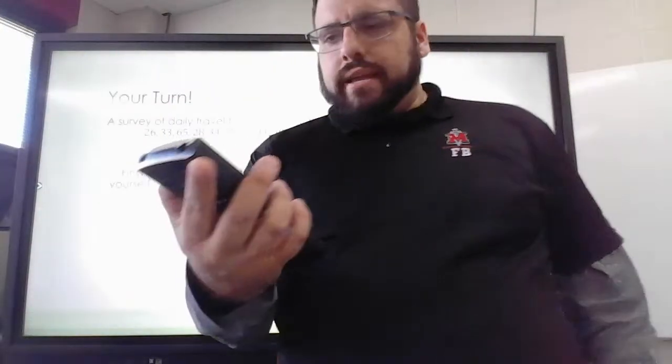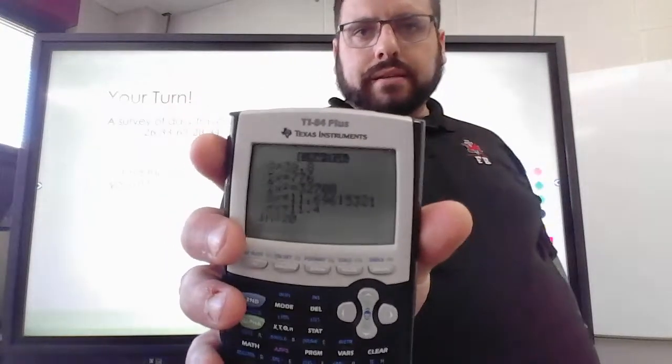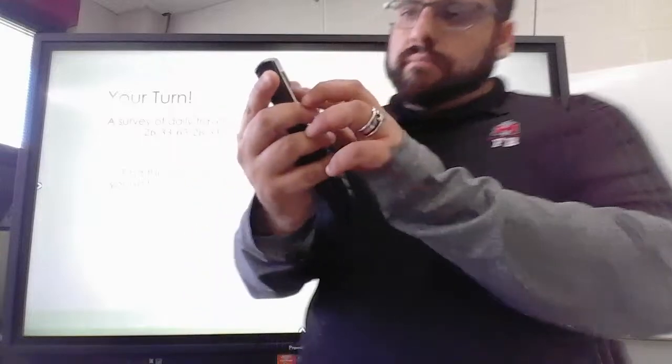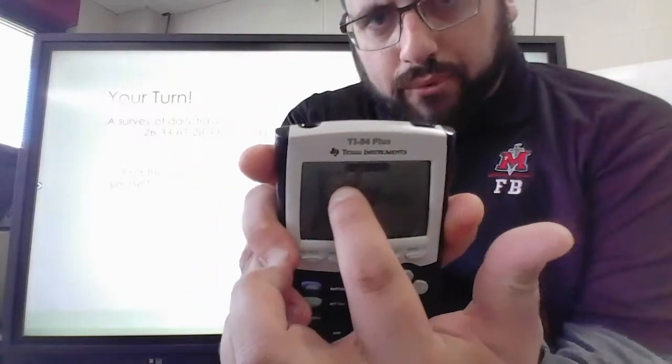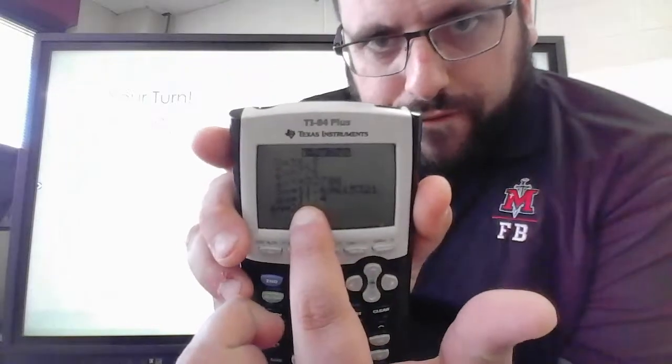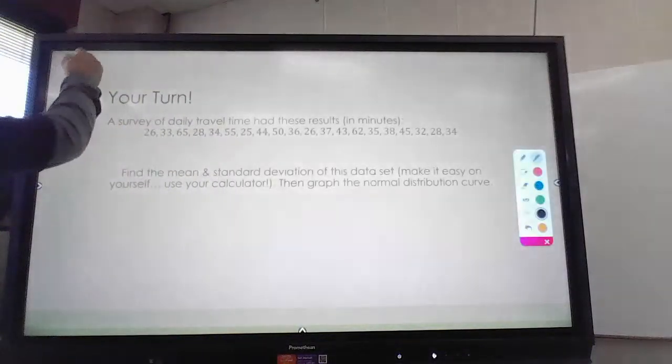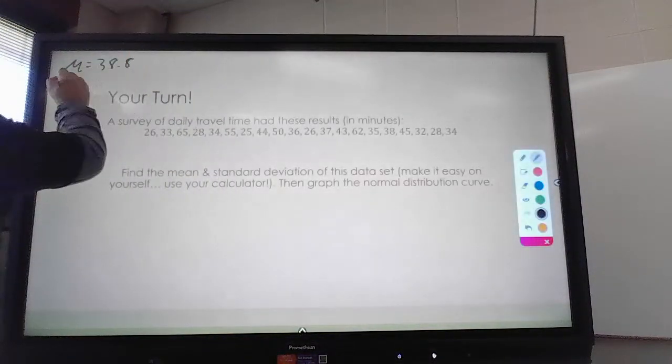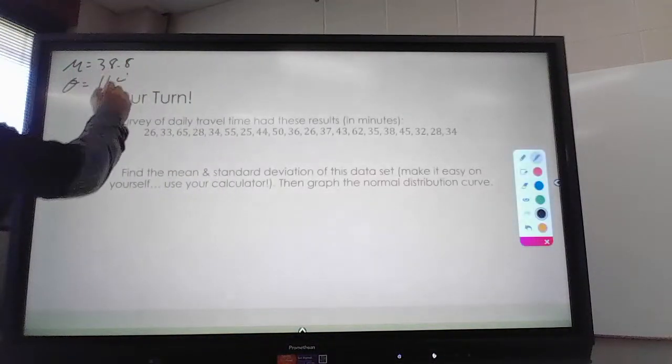I'm gonna calculate, and it gives me the mean and the standard deviation. The mean here, all the way at the top, 38.8. My standard dev, 11.4. So that's what I'm going to use on this, okay? So mean is 38.8, standard dev is 11.4.